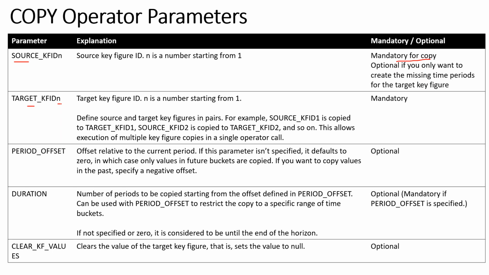Third set, fourth set, you can put any sets that you want, and then also give the offsets and how many durations, etc. And then give a logical name to it, like copy supply planning inputs, and then run that operator. So it just copies from all source key figures to all target key figures. So yeah, that's the thing with this key figure id n.